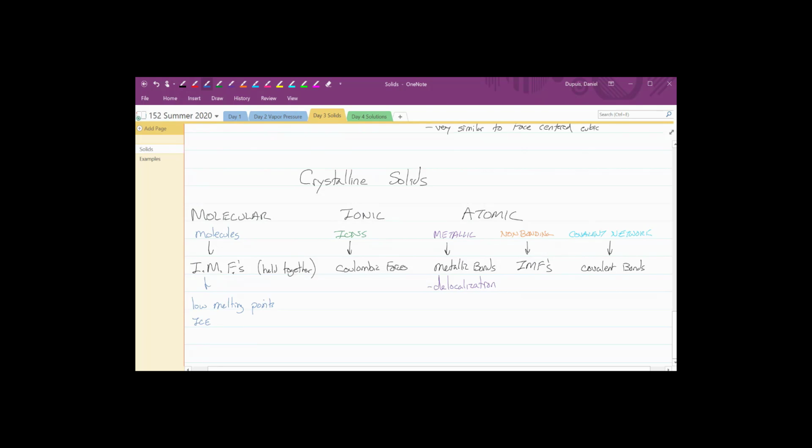Think carbon dioxide, right? Cold. Most molecular solids are brittle, and they're non-conductors of heat and electricity. And ice is actually a pretty good insulator. Some of you guys know that.